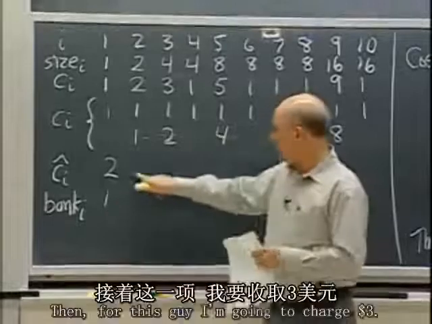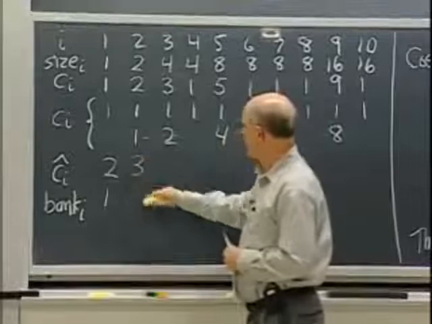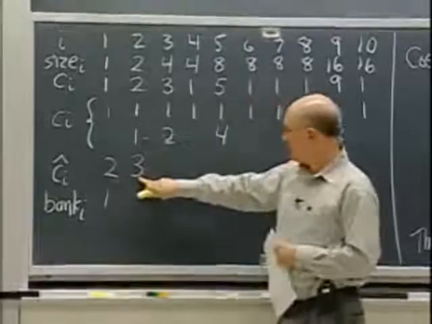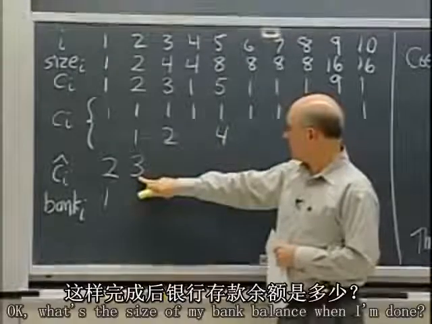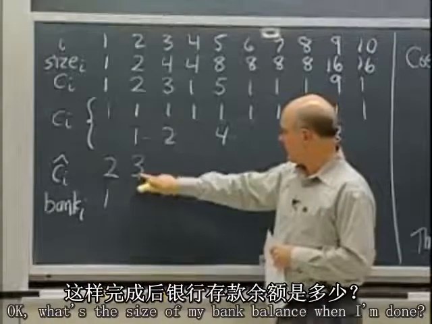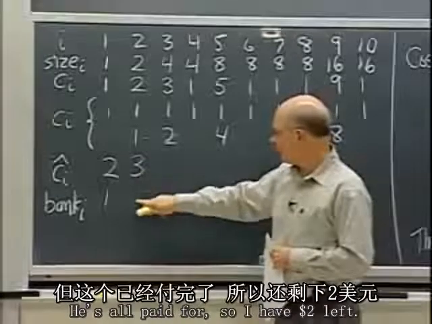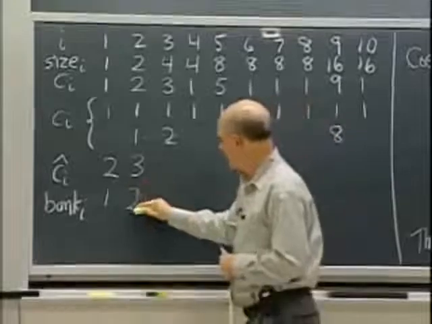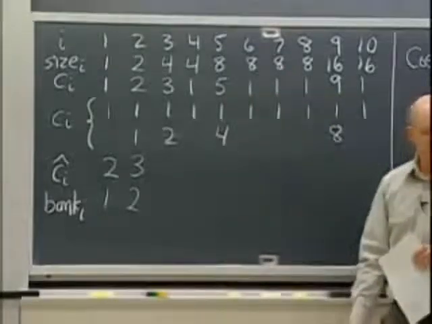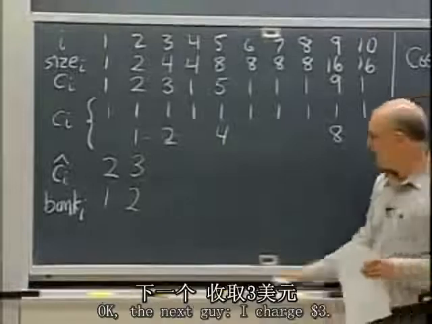Then for this guy I'm going to charge $3. What's the size of my bank balance when I'm done? Well, I have to copy one guy. He's all paid for, so I have $2 left. People with me? The next guy I charge $3.